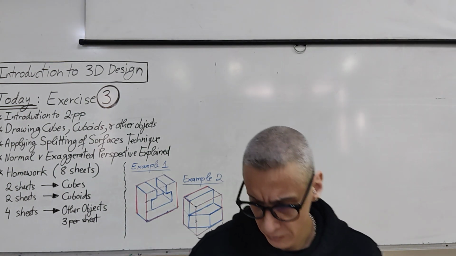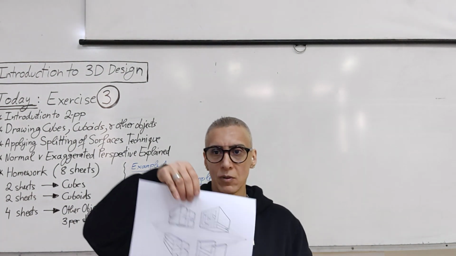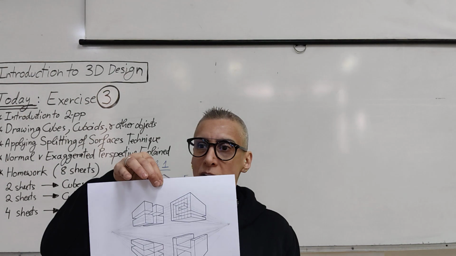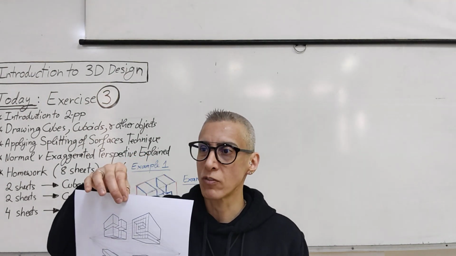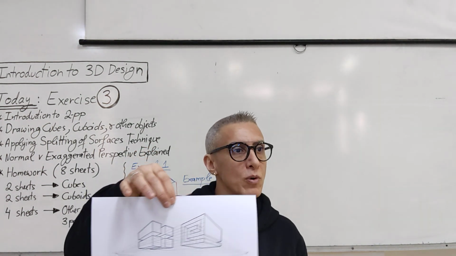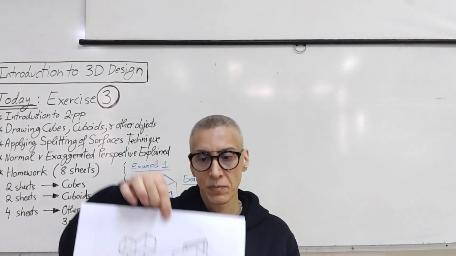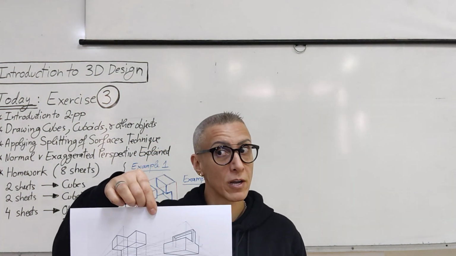Okay, here we have these examples, which is exactly what we were doing. For example, do you see these objects? They all start either with a cube or a cuboid, and then other details were added. Look at these, for example. A lot of different objects, okay?